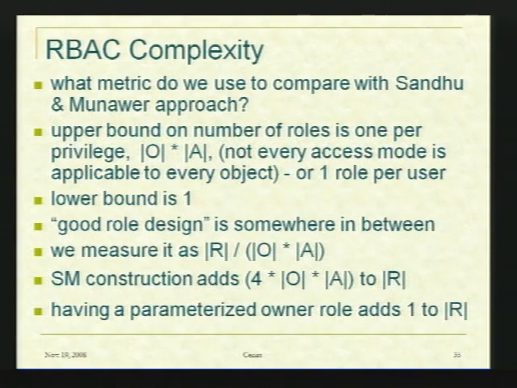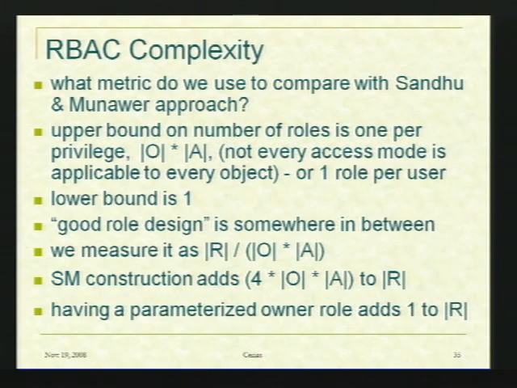So, given then that we have a single parameterized owner role instead of an owner role for each user, how do we compare? So what kind of metric do we use to compare this with the previous approach from Sandhu and Munawar?